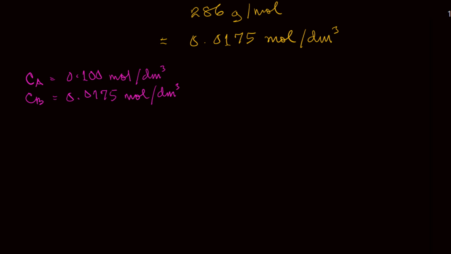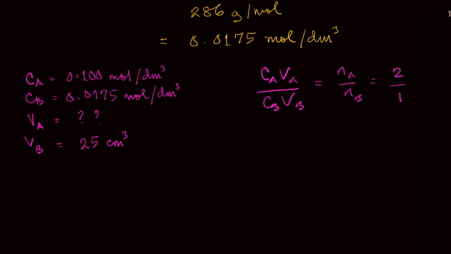It's very likely that the acid would be in the burette, so the volume of acid, which we do not know, and the base would be measured with the pipette, so the volume of the base would be 25 cm cube. And since we'll be using the base to standardize the acid, we can then use our formula, and if we make Va the subject of the formula, this will be CbVb times 2 all over Ca times 1.